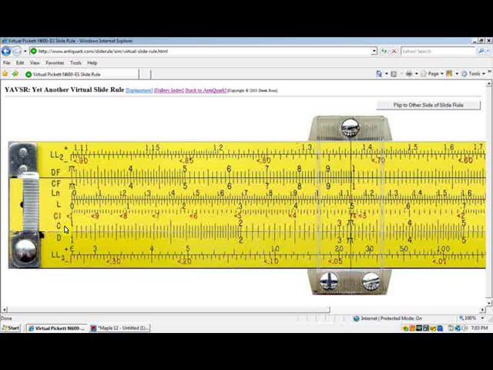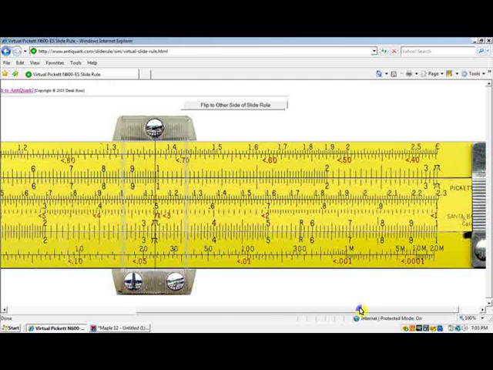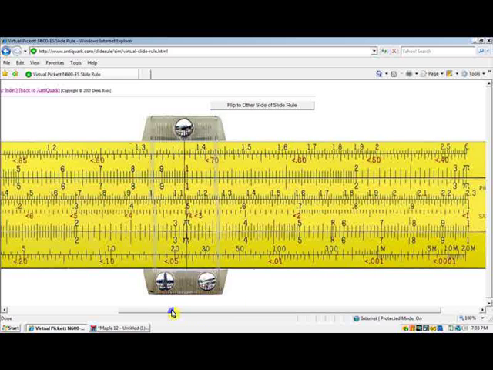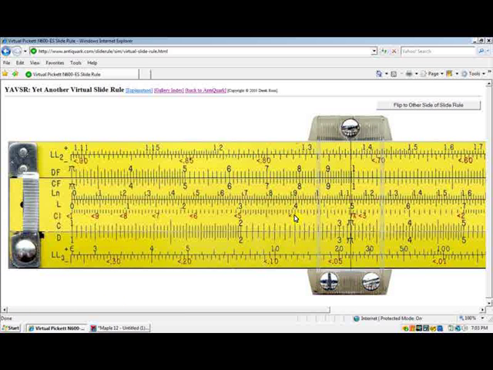The CL scale is exactly the same as the C scale, and its endpoints are 1 and 1, just like the C scale, except that it's in reverse order. The primary numbers on the CL scale go 1, here's 2, 3, and they always put this in red. Here's 4, 5, 6, 7, 8, 9, and 10.